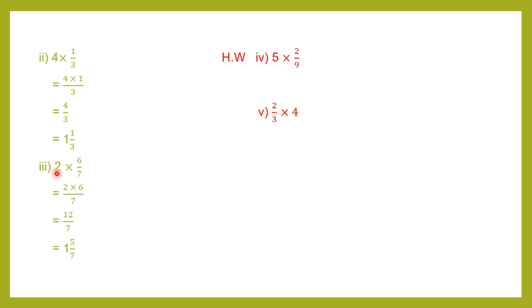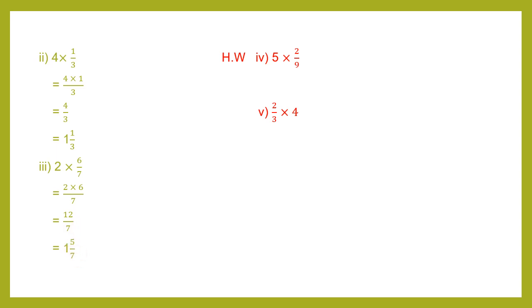Third one, 2 multiplied by 6 by 7. So here whole number is 2 and numerator is 6. 2 6s are 12 divided by, write the denominator same, that is 7. 12 by 7, again it is an improper fraction, convert to mixed fraction.